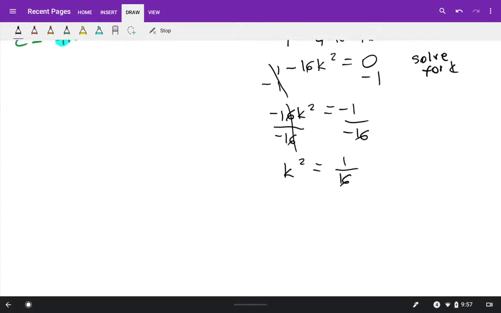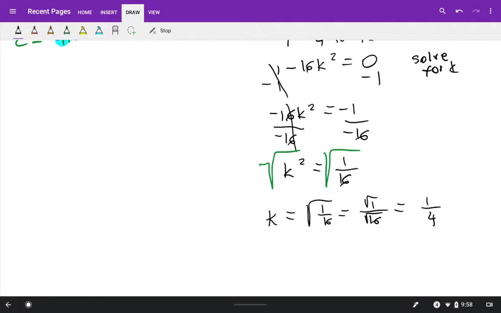Now we need to take the square root of both sides to get k by itself. So k equals the square root of 1 over 16, which is the square root of 1 over the square root of 16, and that gives you 1 over 4.